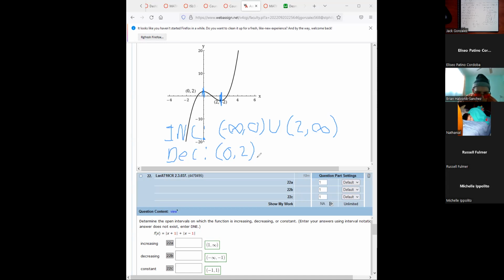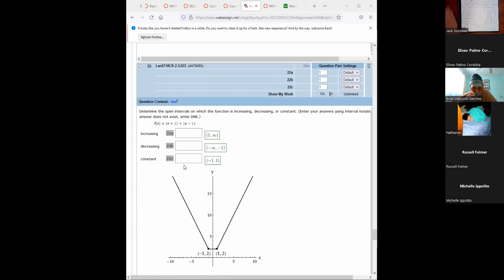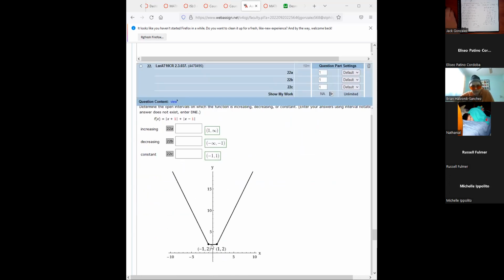Always going to be X values. If they ask about increasing, decreasing, constant, or anything like that, you're looking at the domain values, the X values. Okay, thank you. Here you can see there's a constant spot, right? An actual interval.